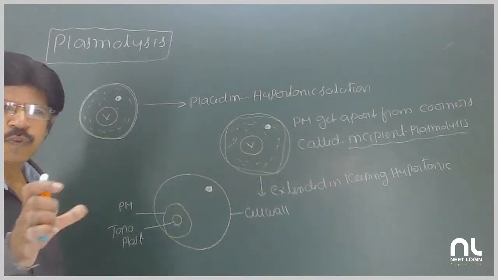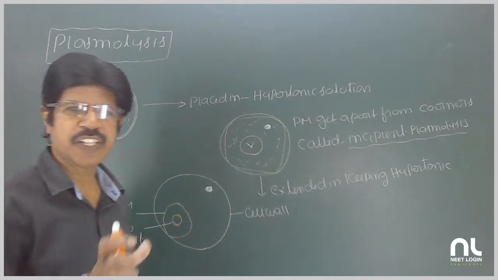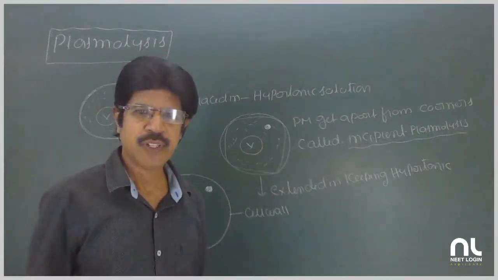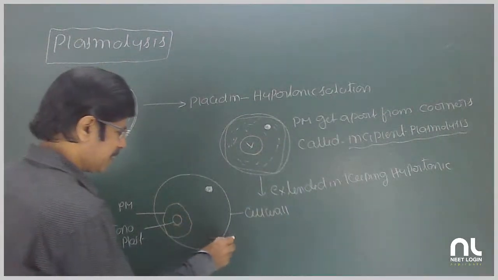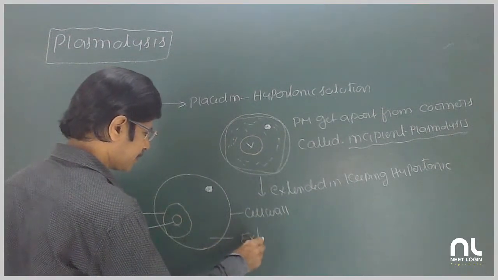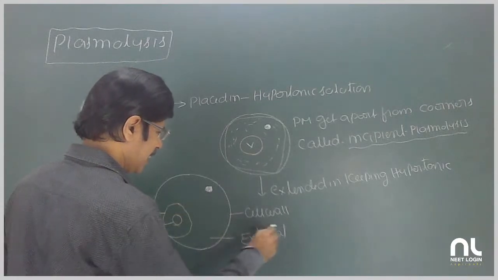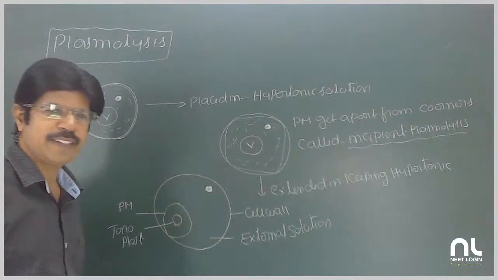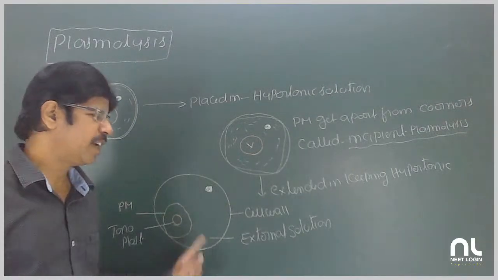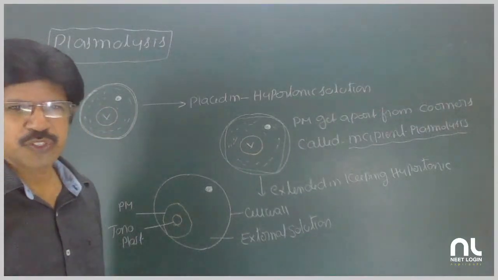There is shrinkage of what? Protoplast. In between the cell wall and membrane, what is present? External solution. The space occupied between cell wall and membrane is external solution.